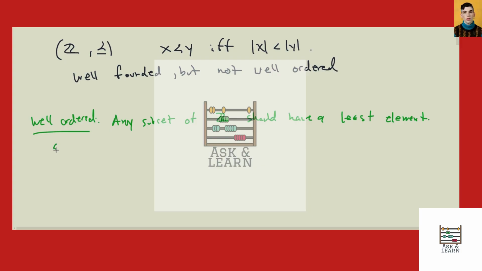Well, what if we just had the subset {2, -2}, which is a subset of Z, but this is going to have no least element.